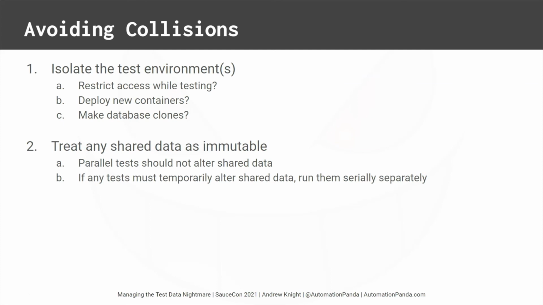Whenever data must be shared, treat that data as constant. Any changes to shared data could break tests. For example, one test might require a car loan, but another test might delete the car loan type from the bank's configuration. Any tests that must alter shared data should be run serially instead of in parallel, and they should always undo any changes they make.